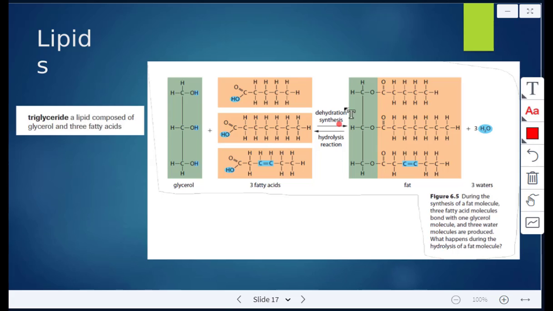And during the process of dehydration synthesis, we form the triglyceride. During the synthesis of a fat molecule, 3 fatty acid molecules bond with 1 glycerol molecule, and then 3 water molecules are produced. And then during hydrolysis, we'll have the addition of water, and the reaction will go in the opposite direction.